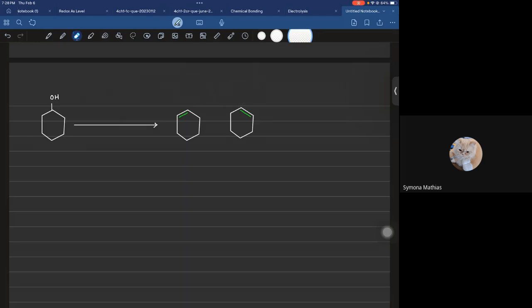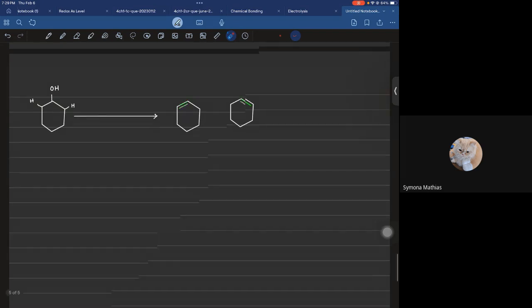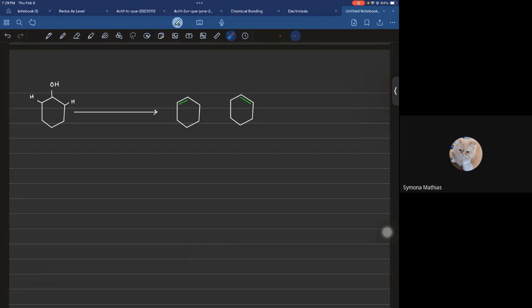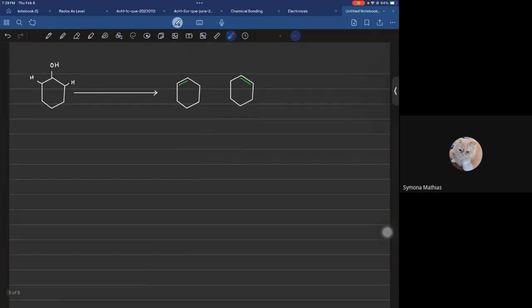We have two possibilities because this is your skeletal structure. Hydrogen should not be shown, but let's suppose for you I'm going to show these hydrogen atoms. So you can remove this water and you can remove this water. Ultimately, water is formed by the reaction of H and OH. So you have to remove OH from the first carbon and you have to remove hydrogen from the next carbon so that it can make H2O and your alcohol should be dehydrated. That's it. So there are two possible products.